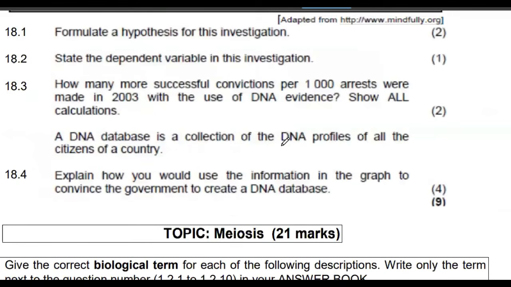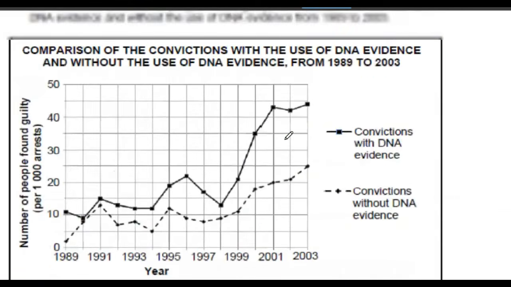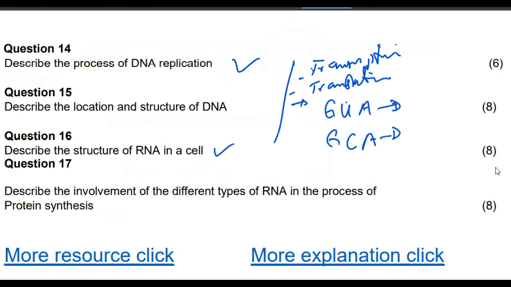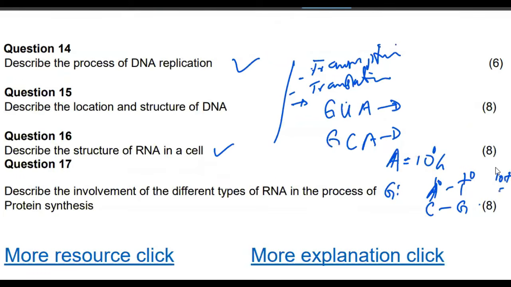There are so many questions which can talk about DNA, and also the base calculation, where we're supposed to say that if adenine is equal to 10%, what is the percentage of guanine. You have to tell us that adenine goes with thymine, and cytosine goes with guanine. So this is 10, and this is 10, and 10 plus 10 is equal to 20.